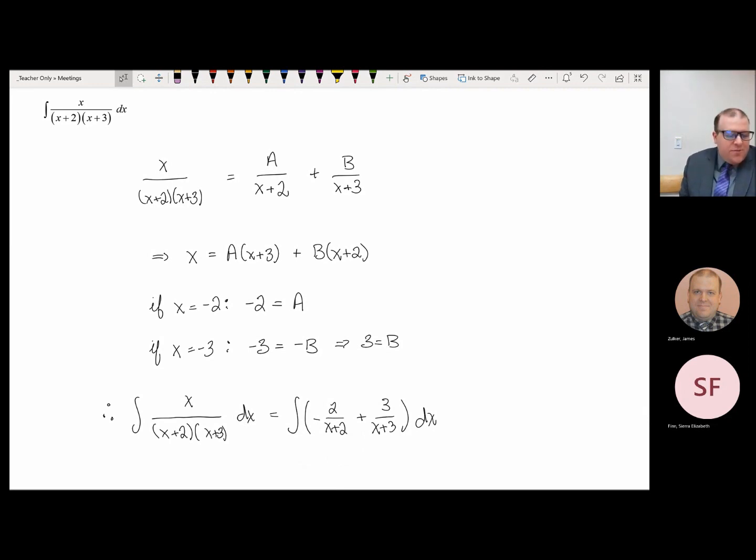Right, that means that x over x plus 2 times x plus 3 is negative 2 over x plus 2 plus 3 over x plus 3.